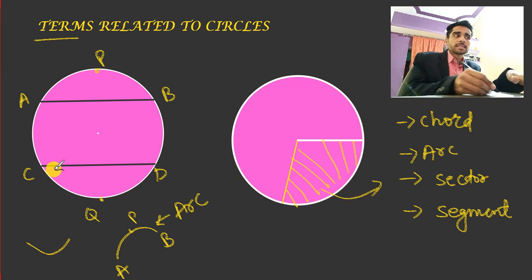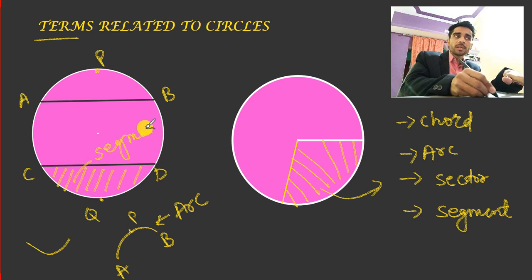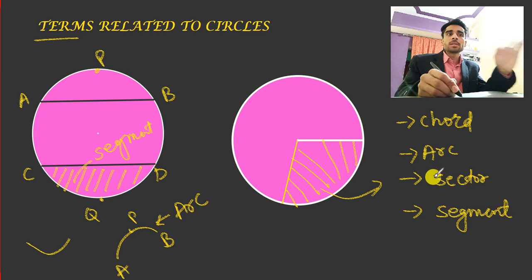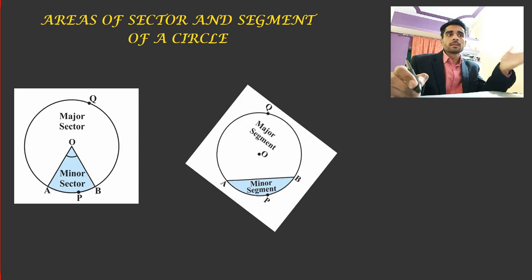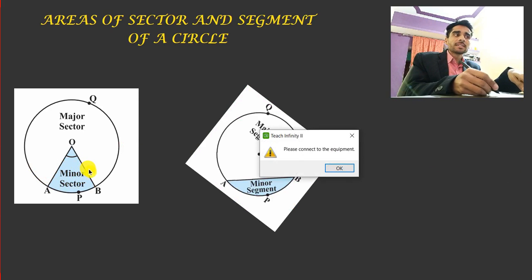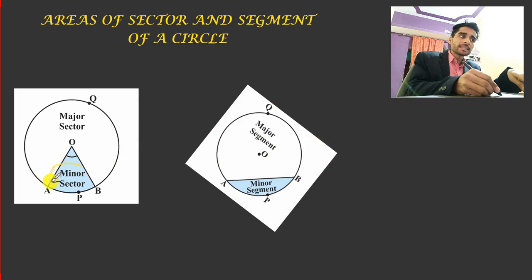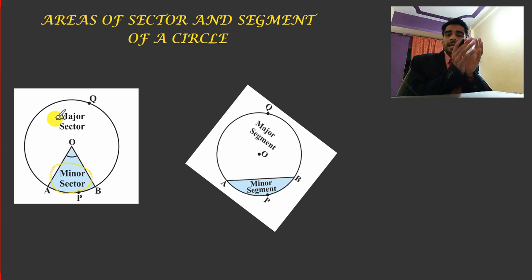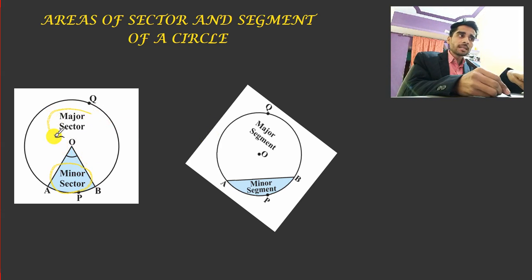Now segment. Segment means the area enclosed between the chord and the arc is known as a segment of this given circle. We should remember that sector and segment are both of two types, depending on the area they consume. If it is lesser in area, it will be a minor sector, and when it is larger in area, it will be a major sector.